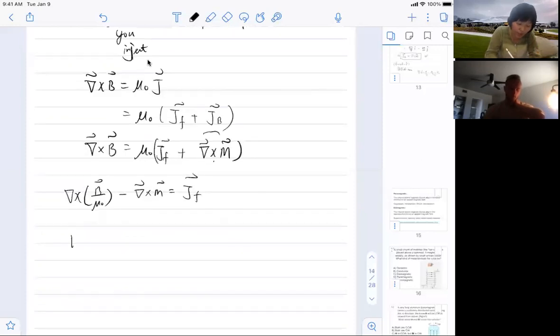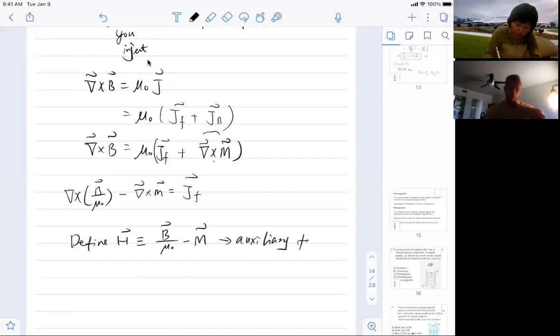We will define the H field to be B over mu naught minus M, the auxiliary field H, so that we can rewrite Ampere's law using H. It becomes curl of H is equal to what? Is equal to J free.